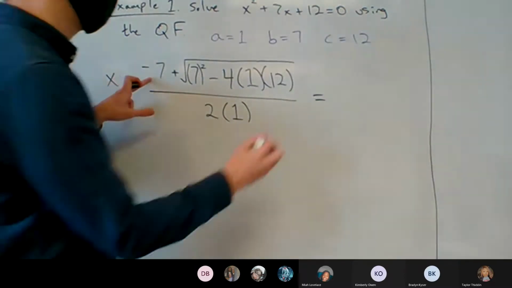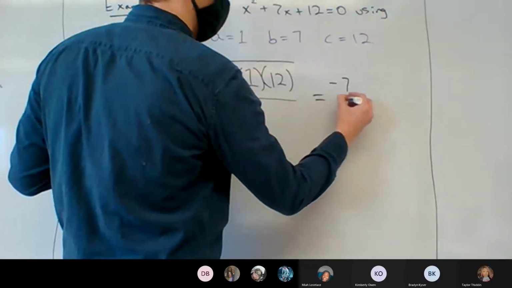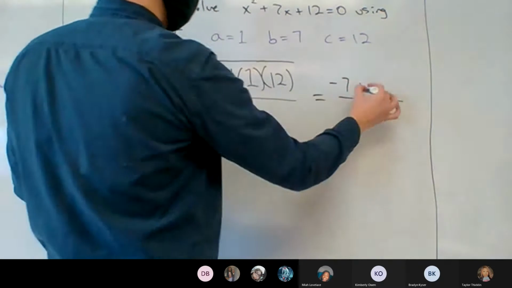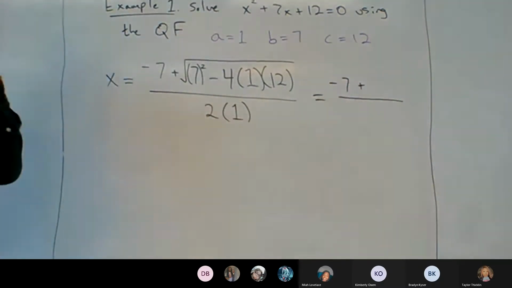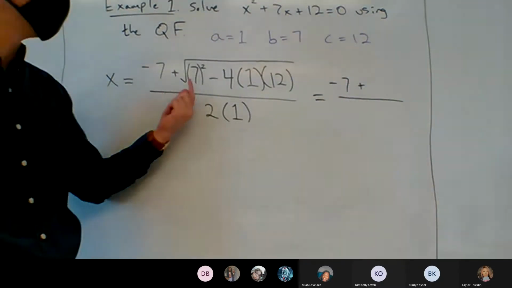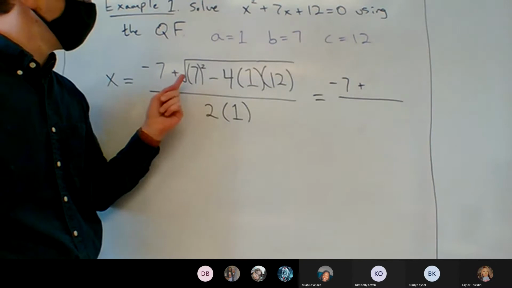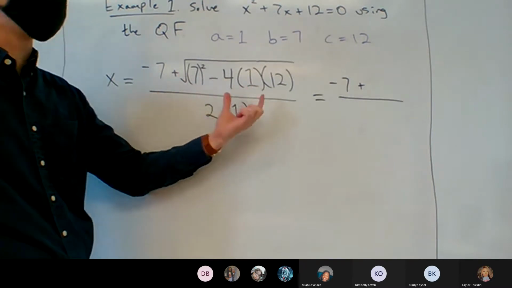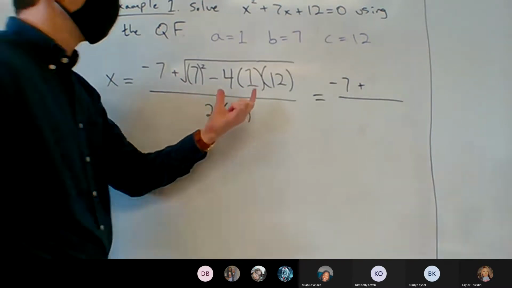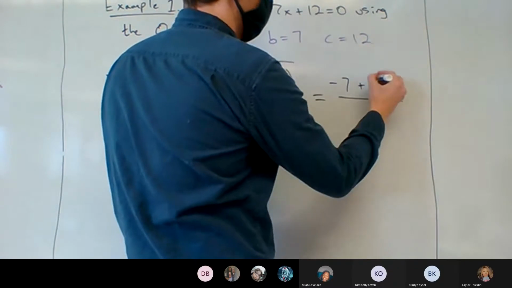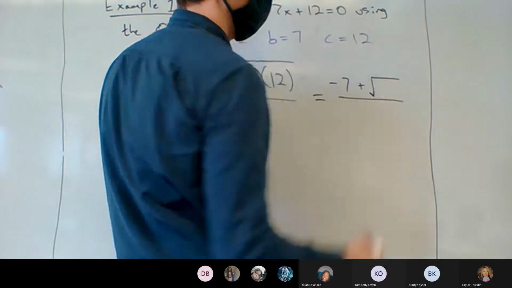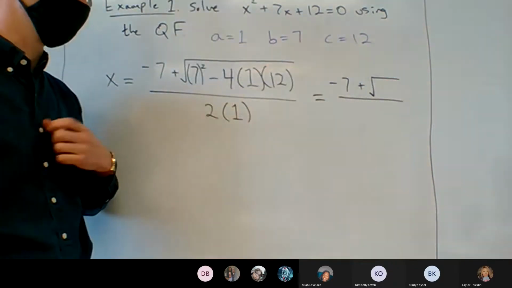I'm going to continue working horizontally here. So I'm going to have negative 7 plus, and then what ends up happening in the square root? 7 squared is 49. 4 times 1 times 12 is 48. So I have the square root of 49 minus 48 all over 2.